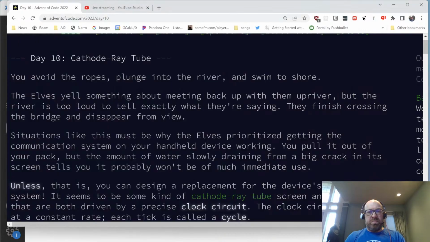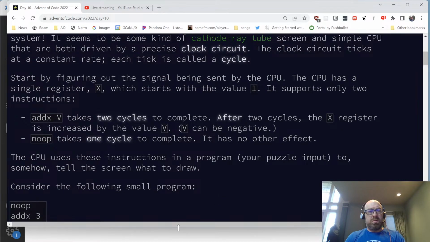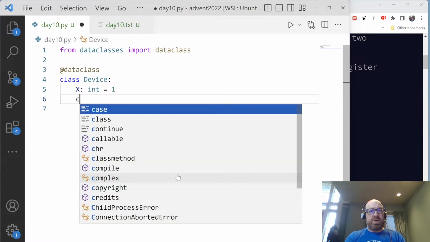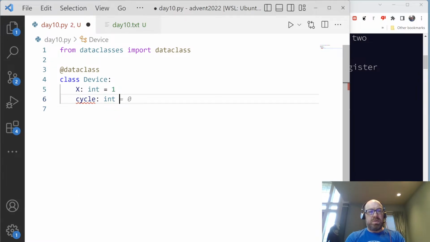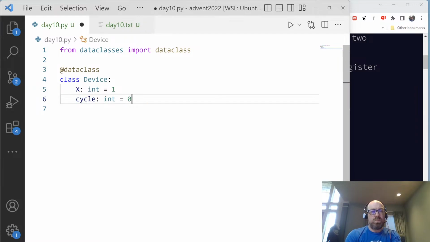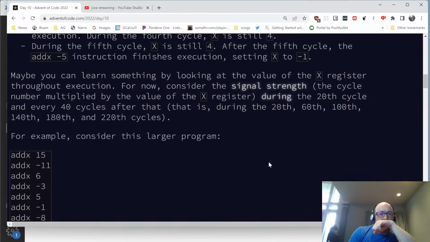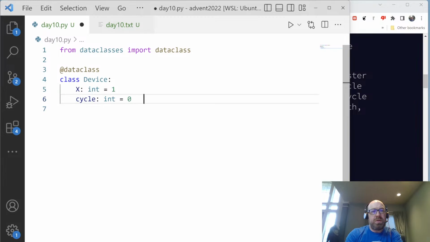Let's just say cycle is an int equal to 1.